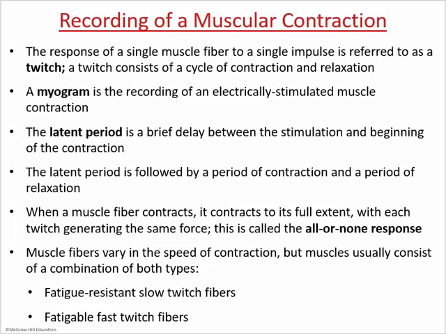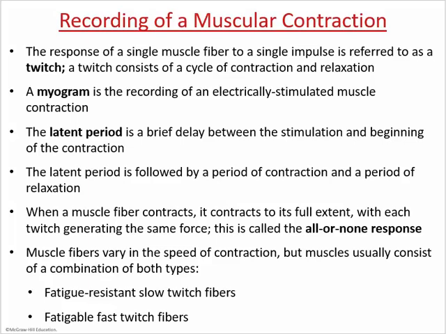The threshold is reached, which opens the voltage-gated channels, which have the wave of depolarization moving across the sarcolemma, down the T-tubules, affecting the sarcoplasmic reticulum, opening the voltage-gated calcium channels, allowing calcium to flood out, bind to troponin, move tropomyosin out of the way, allow the cross bridge to happen, and the power stroke and contraction.